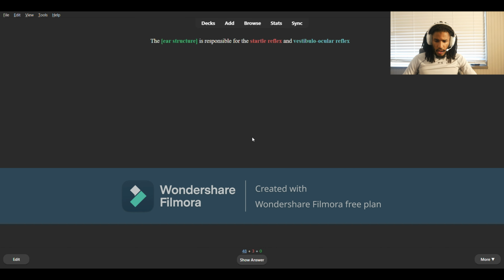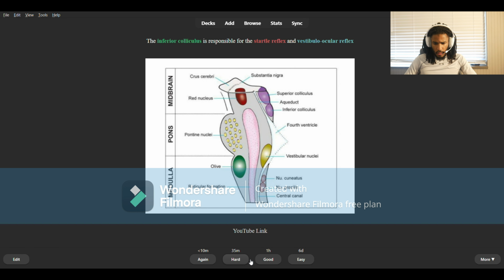The blank is responsible for the startle reflex and the vestibulo-ocular reflex. Startle reflex does sound familiar. I don't know what vestibulo-ocular reflex is, though. I don't know this one. The inferior colliculus.